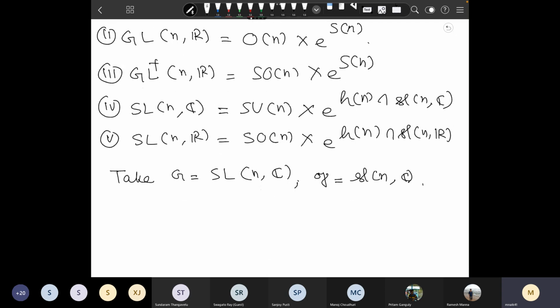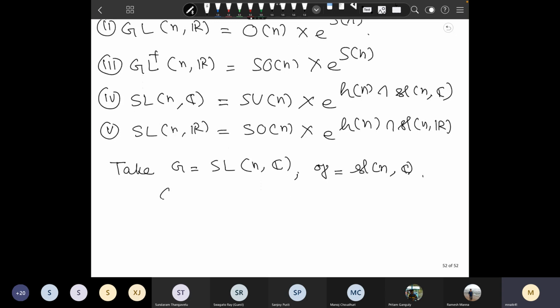Now take G intersection UN. This is precisely the complex matrices with determinant 1 that belong to UN, so this will be SUN.